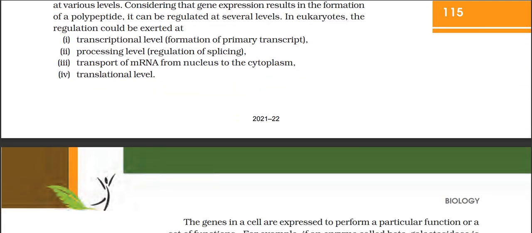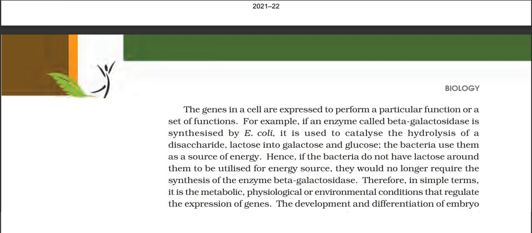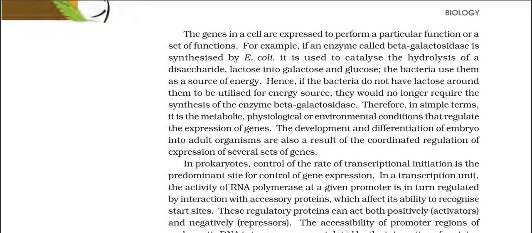4. Translational level. The genes in a cell are expressed to perform a particular function or a set of functions. For example, if an enzyme called beta-galactosidase is synthesized by E. coli, it is used to catalyze the hydrolysis of a disaccharide, lactose into galactose, and glucose. The bacteria use them as a source of energy.